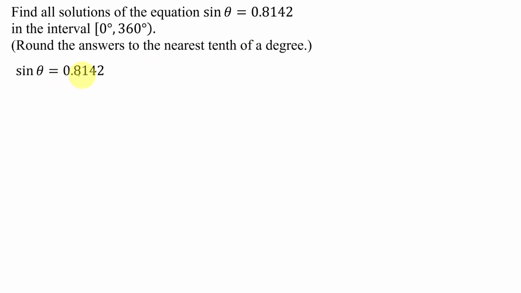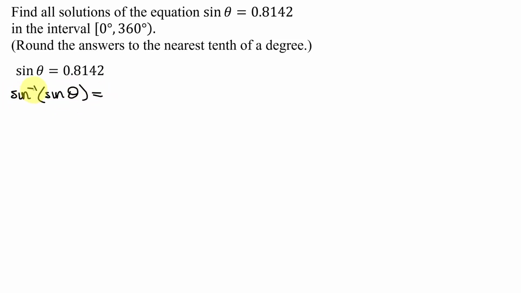And looking at the value for the sine of theta, this is not a value on the unit circle, so this confirms the fact that I'm going to have to use a calculator. So I need to take the inverse sine function of both sides of this equation.